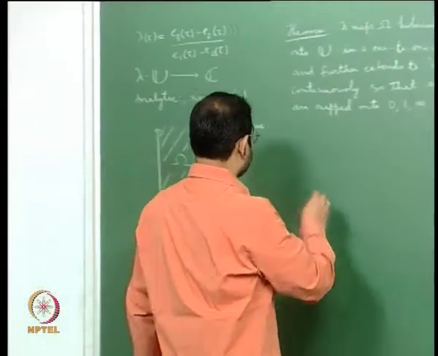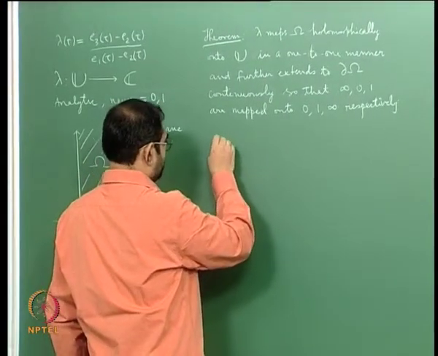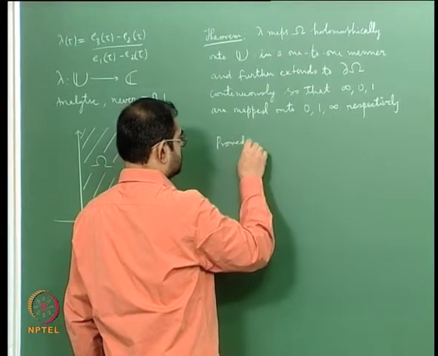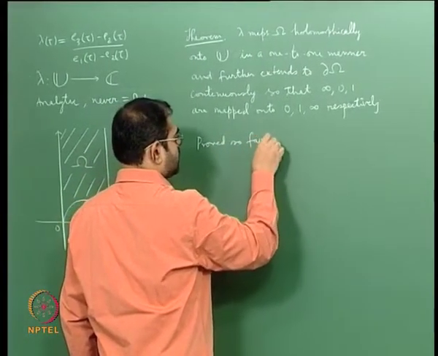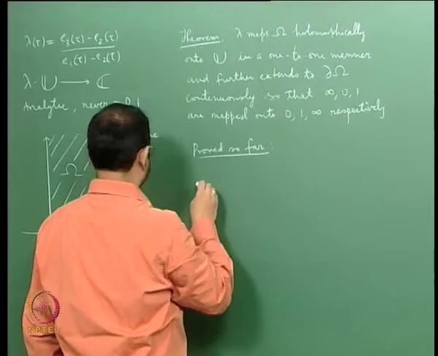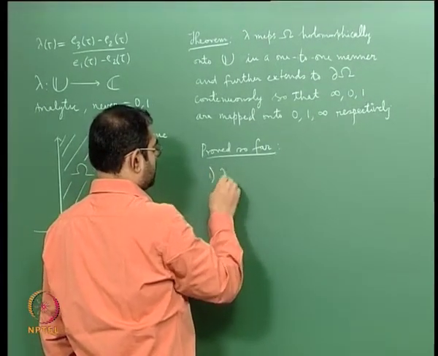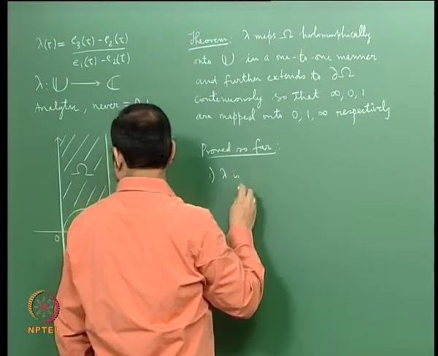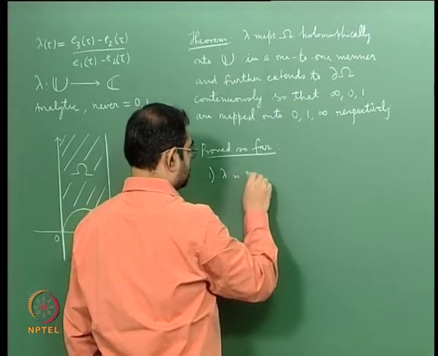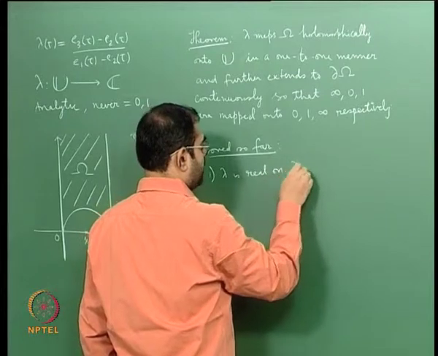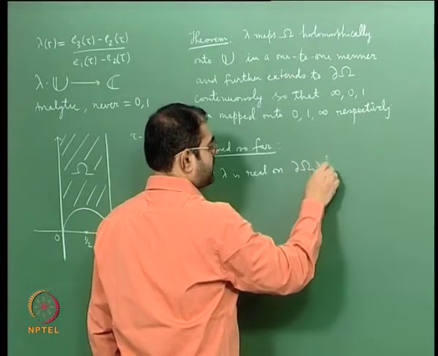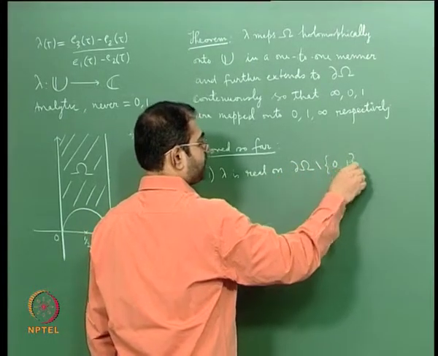So what we have done so far is the following. What we have proved so far is that the first thing is lambda is real on the boundary of omega except the points 0 and 1, okay.